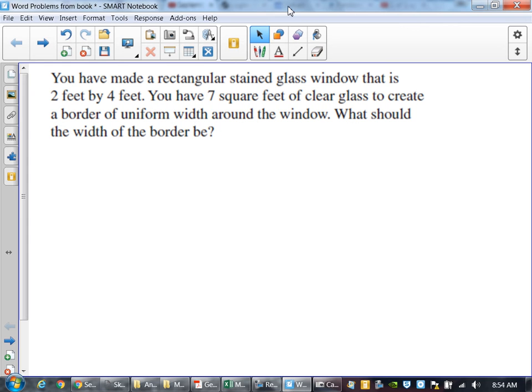Now, what this problem says is that you have 7 square feet of leftover clear glass to put a border around this. Okay? Now, what they're saying is that it wants to be of uniform width. That means the width all the way around has to be the same.